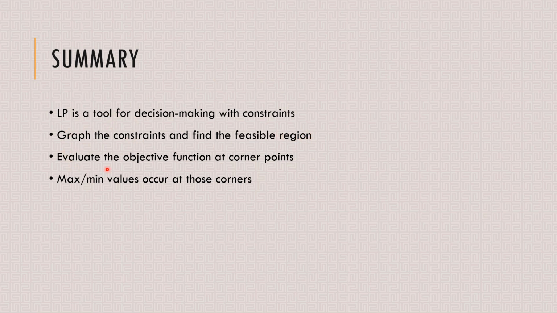After that, we evaluate the objective function using the corner points, because the corner points are where the maximum or the minimum value occurs. The corner point is the point that is going to solve your problem for you, whether you are maximizing or minimizing.